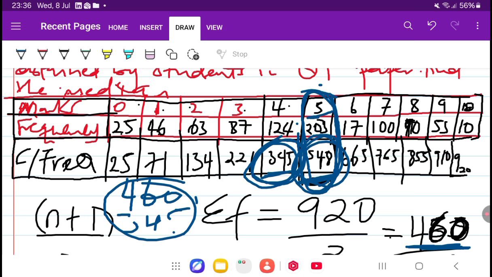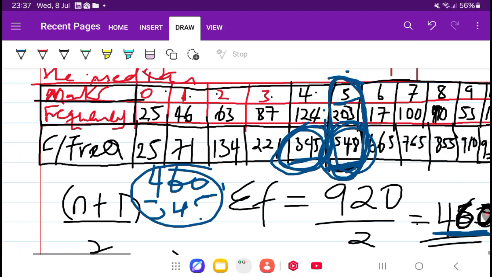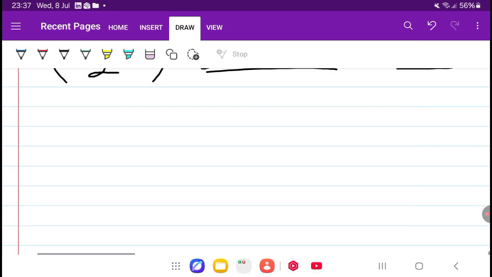It's the same way when you draw your ogive and then they tell you to estimate the median. If you are to use the graph, you would have plotted this. You would have looked for this 460 on the graph, because at least on the graph you can get an exact value, somehow close. So that's all for the ungrouped.